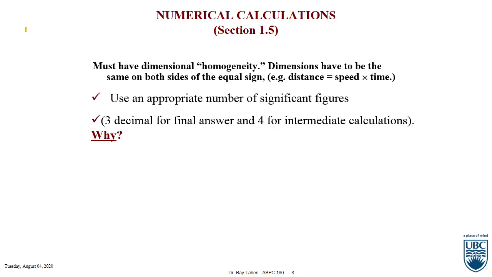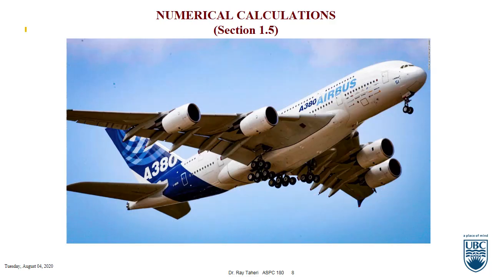Always use an appropriate number of figures. I recommend students use 3 significant figures or decimals for the final answer. For interim calculation, I suggest 4 decimals. Why? Let me give you an example.